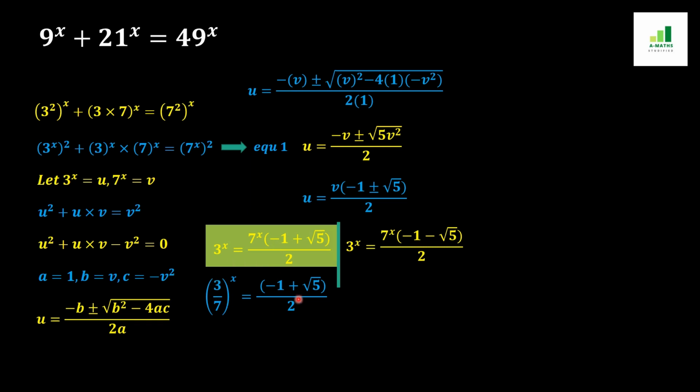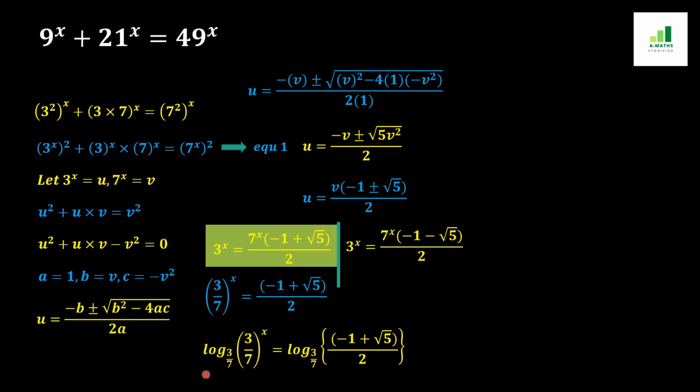Now in order to get the value of x, we should apply log base 3 over 7 on both sides of the equation, and we will get log base 3 over 7 of (3 over 7) to the power x is equal to log base 3 over 7 of minus 1 plus under root 5 over 2.